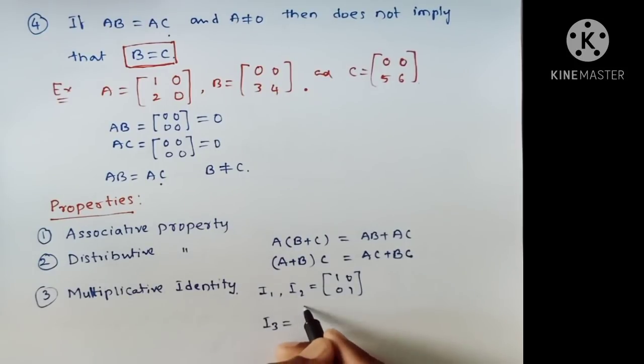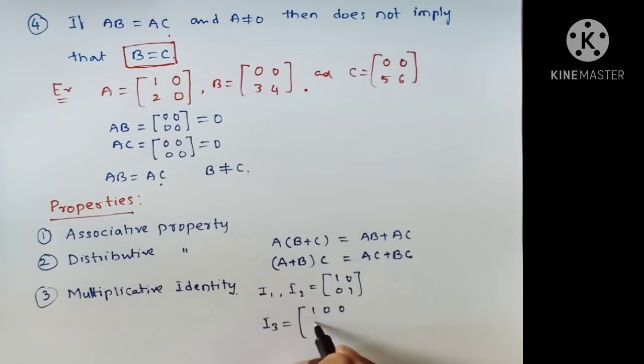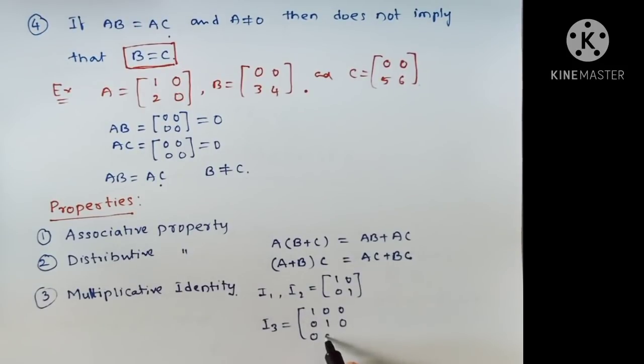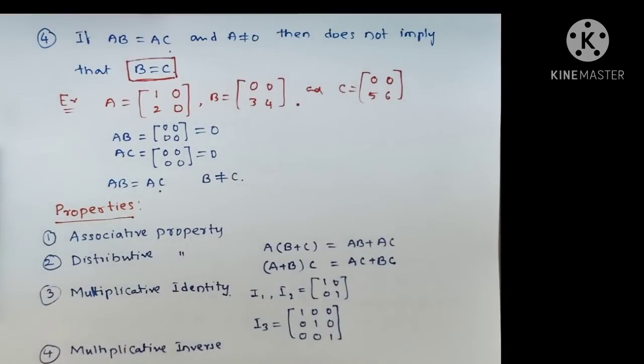If it is I3, that is 1 0 0, 0 1 0, 0 0 1. Similarly, we can write I4, I5, I6 and so on up to In also. Here in the identity, the diagonal elements are equal to 1 and the non-diagonal elements are equal to 0. The fourth one is multiplicative inverse, and we'll study this inverse of a matrix separately in coming classes.